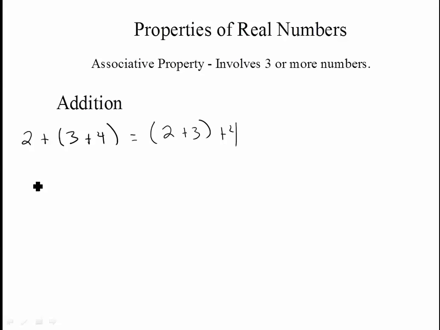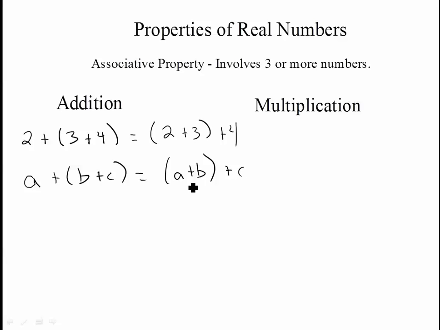Right, the order in which you add three or more numbers does not affect the outcome either. Or generally speaking, A plus (B plus C) is the same as (A plus B) plus C, where the grouping symbols describe the order.